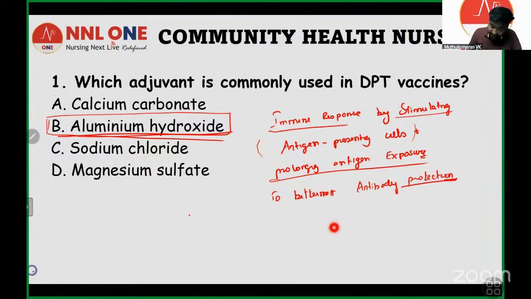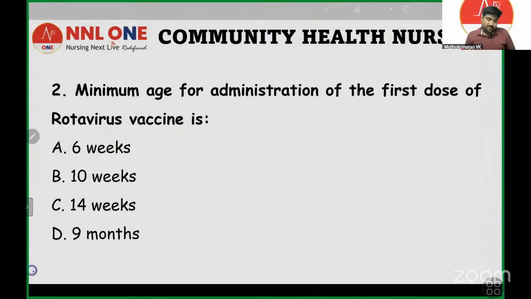Yes, it is used mostly for diphtheria, pertussis, and tetanus vaccines. So this will be a possible question. It can be asked in basics. For MSc, we can expect this type of question in your exam. Okay, coming on to the next question here.